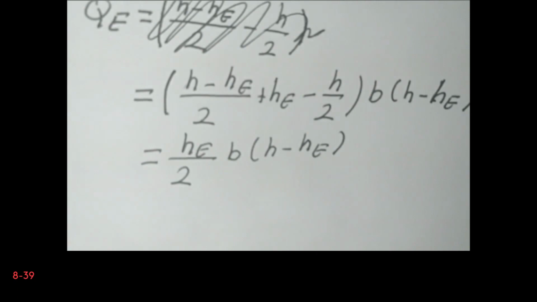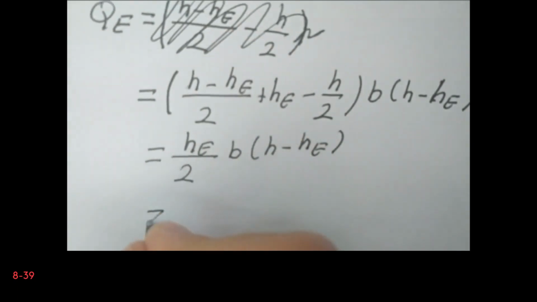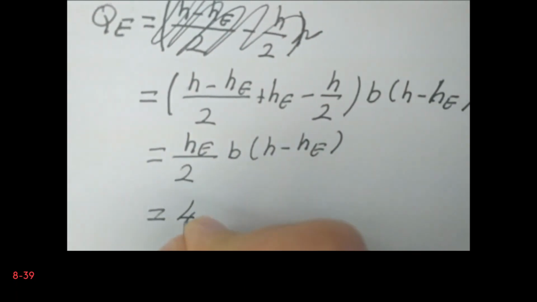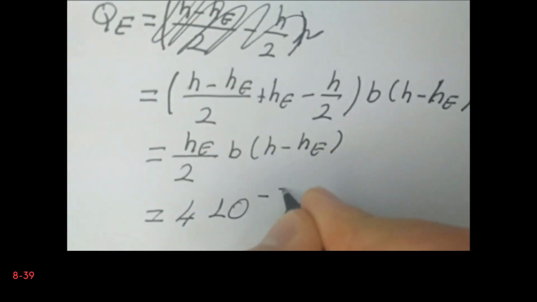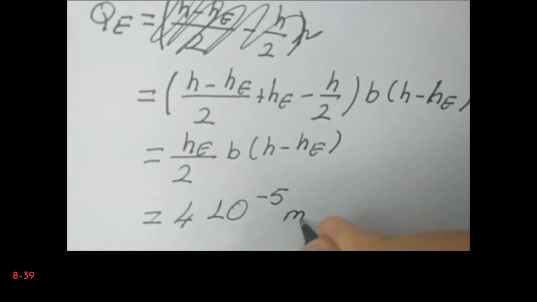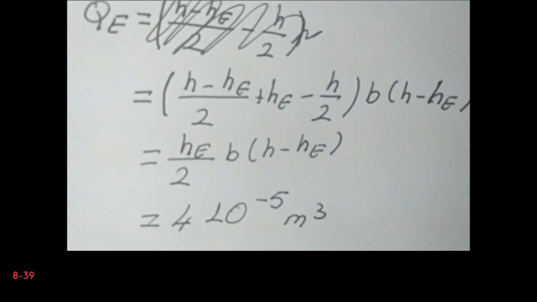So the value is 10 to the power minus 5 meter cubed. Now we have the Q values. In fact, we can calculate the stresses.